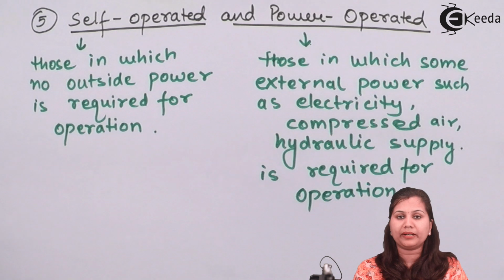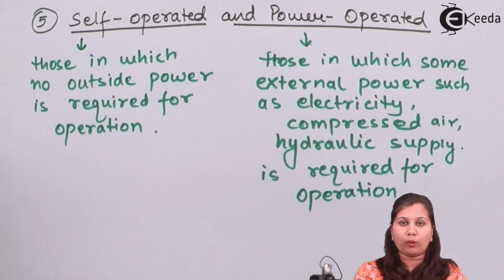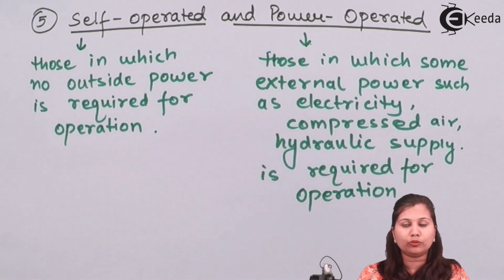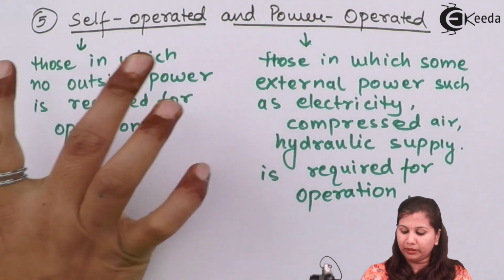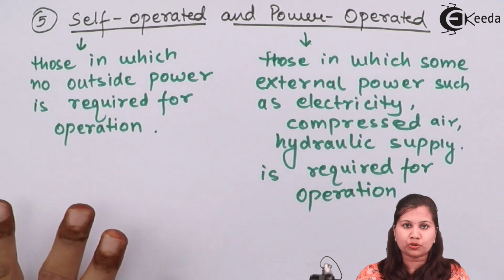In self-operated instruments, no outside power is required for the operation of the instrument. For example, the dial type indicating instrument. In these instruments, we directly connect the instrument in the circuit, and it will not require any type of power. It will directly indicate the value of the measurand.